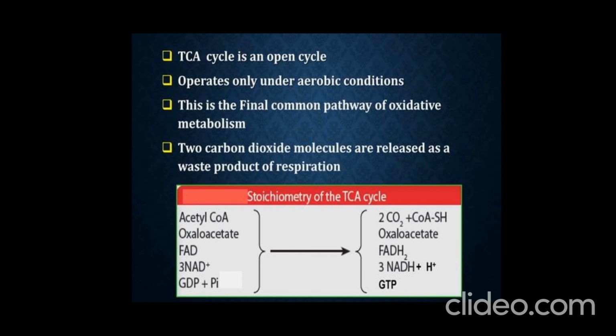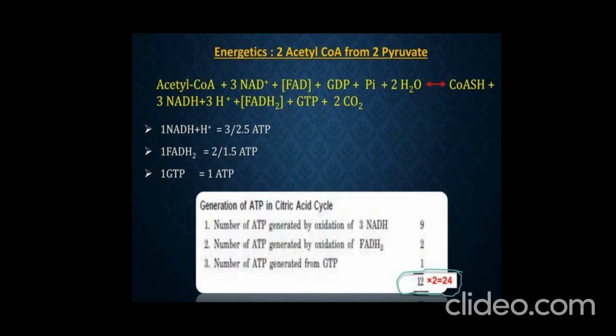Now for one pyruvate molecule, oxaloacetate will be regenerated one time, and again for the second molecule it will be regenerated again. So here acetyl CoA, oxaloacetate, FAD, NAD, GDP plus Pi all give 2 carbon dioxide, coenzyme A, oxaloacetate, FADH2, 3 NADH and GTP.